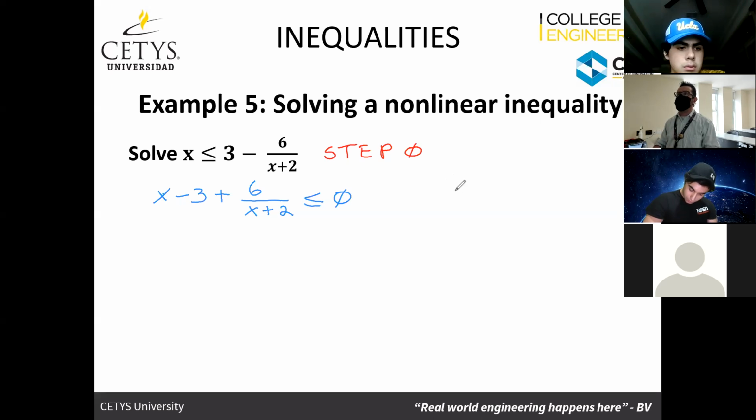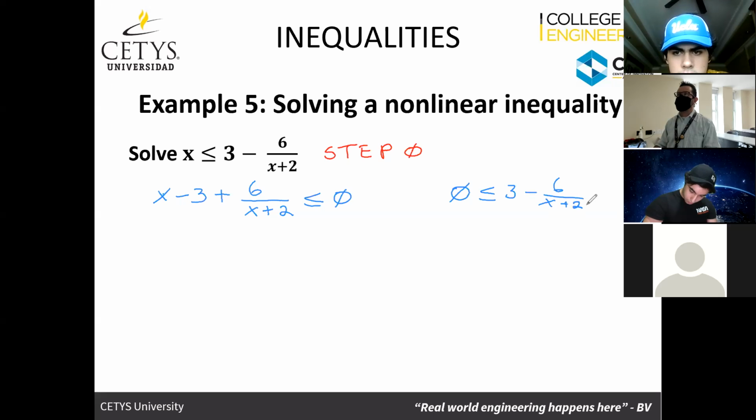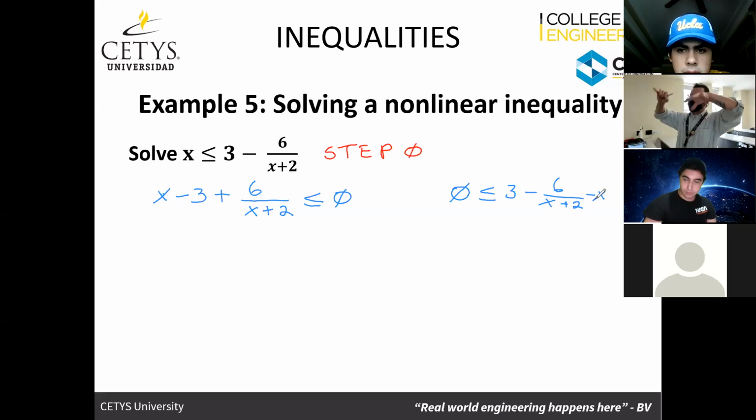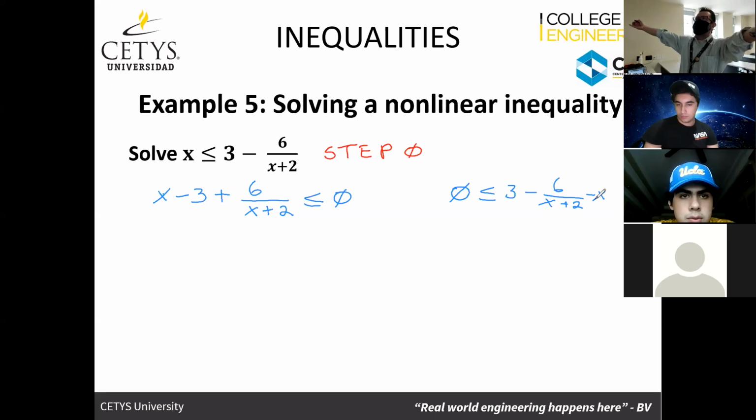Another alternative would have been to do this: 0 is less than or equal to 3 minus 6 divided by X plus 2 minus X. This is what you did, Jesus? Yes, that's correct as well. You can follow the same step procedure with either one. You should get to the same result as long as you're mindful of the way the inequality is facing.